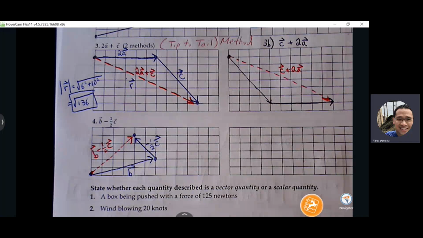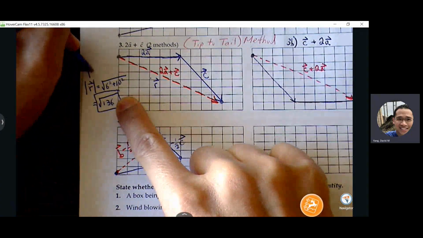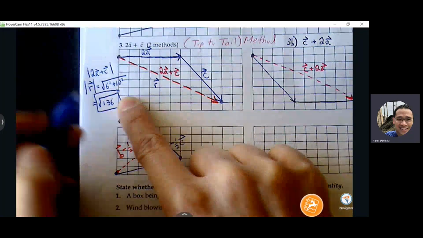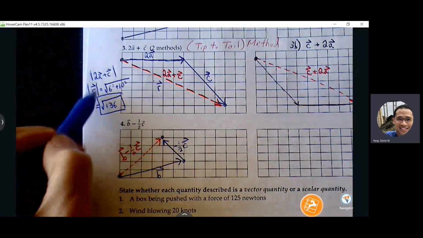What if R is the vector? We don't have to. We can put 2a plus c, but a lot of times I call this a resultant vector. It just allows me to give it a different name.